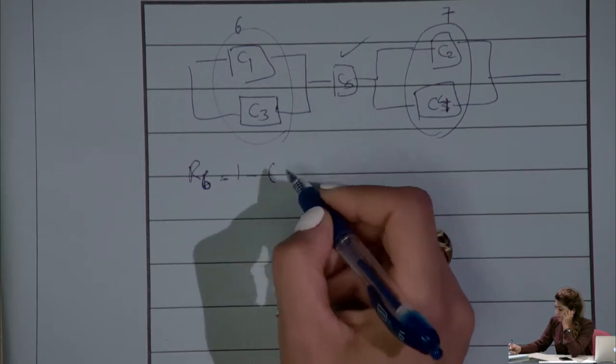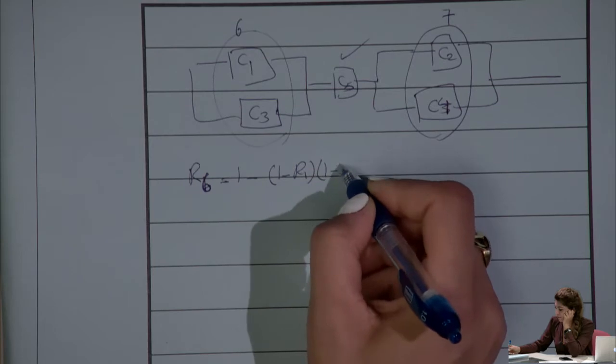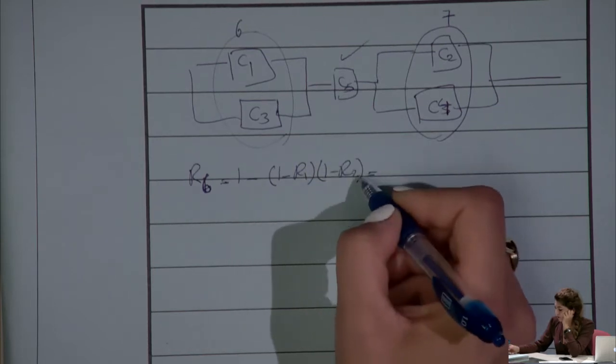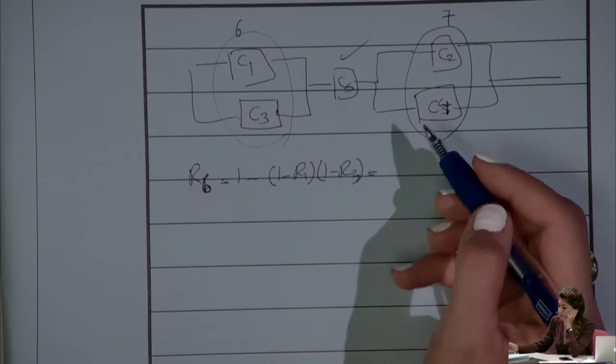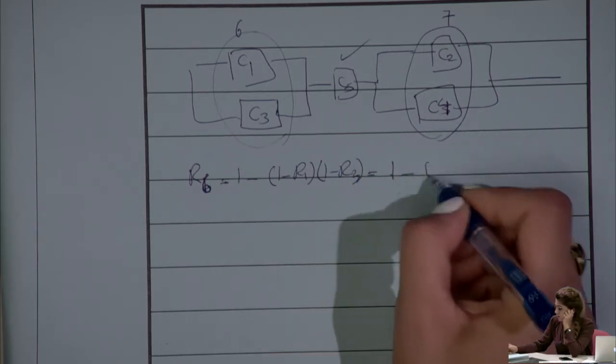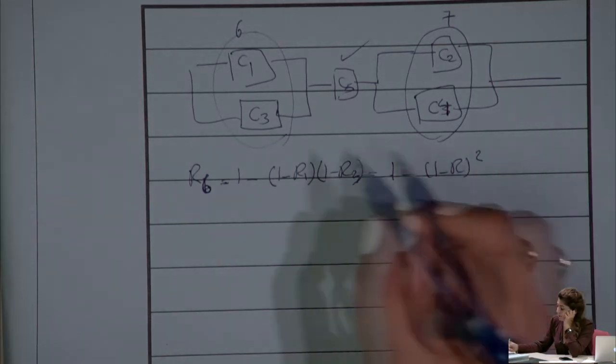So 1 minus (1 minus R1) multiplied by (1 minus R3). If both have the same R, because they're the same component, I can write it as 1 minus (1 minus R) squared. So that's the reliability of block 6.